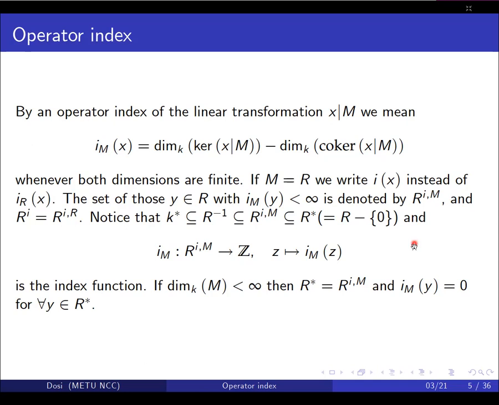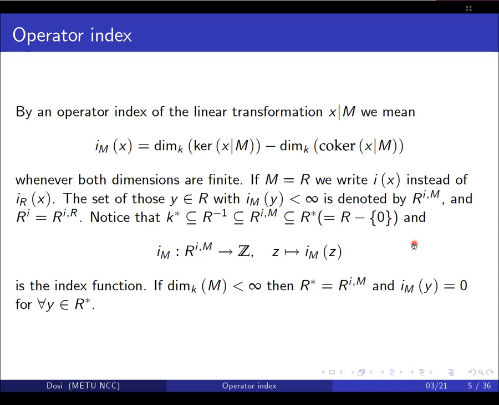What we know from analysis: for the finite index class, the Fredholm operators, the index is a continuous function. A certainly key moment here is that the set of all invertible elements is an open set in the operator algebra. That's not the case in general. For example, even for topological algebras, that's not true.